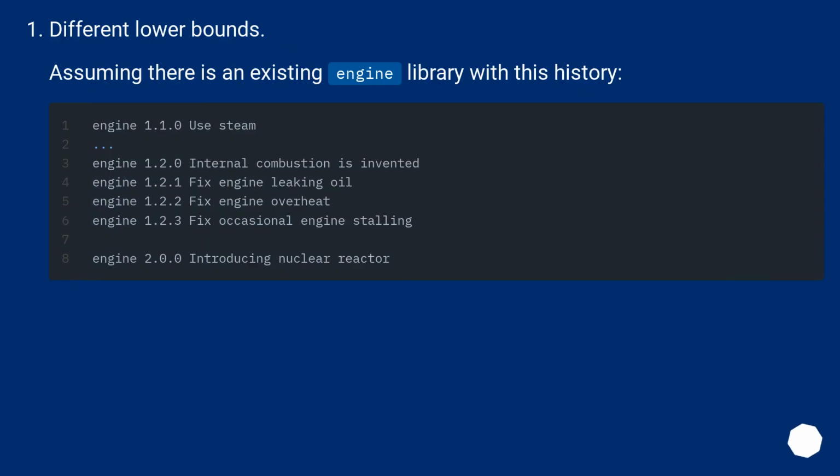Different lower bounds. Assuming there is an existing engine library with this history.